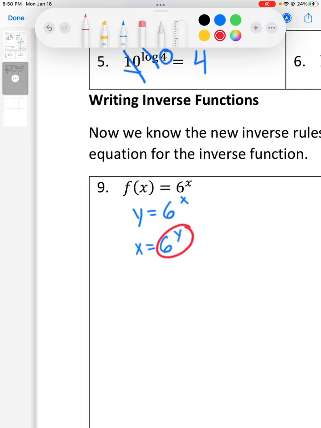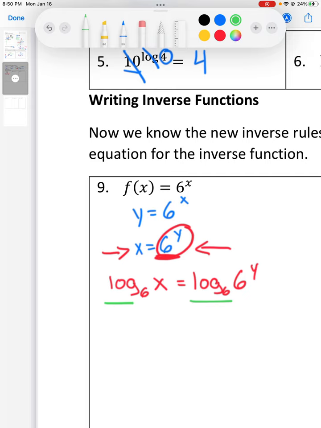A logarithm. So I need to take the log of both sides, but what's the base of my log going to be? The same base of the exponent, so log base 6 of x. So right, what I do to one side, I do to the other side. So look, I took the log of both sides. Okay, so now on this side, what can we simplify with this?